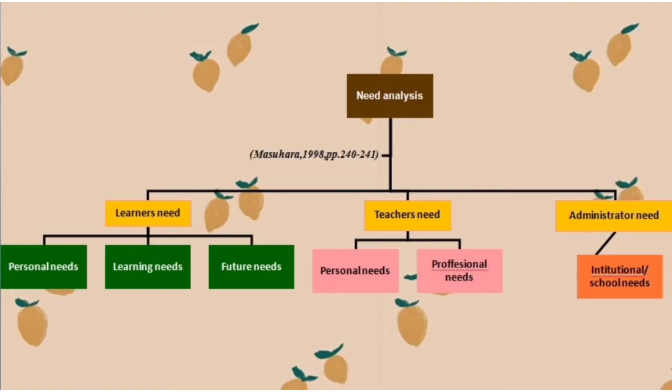And the last point is the need for an administrator, in which there is a need for an institution or school. Things that are needed are such as socio-political needs, market demands, educational policies, and restrictions, such as time, cost, and resources.